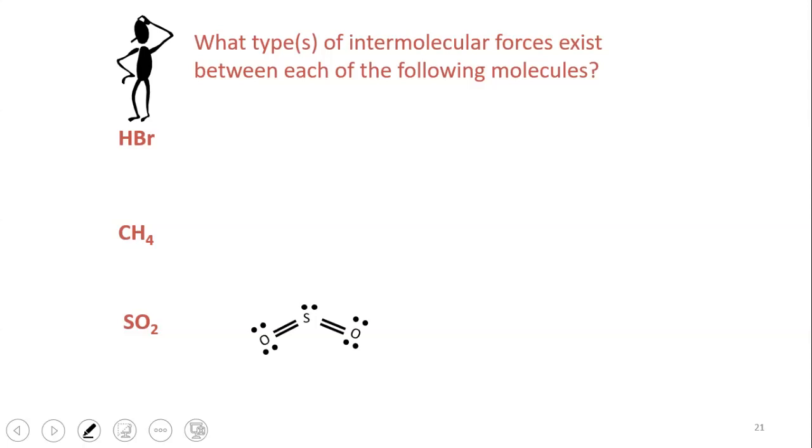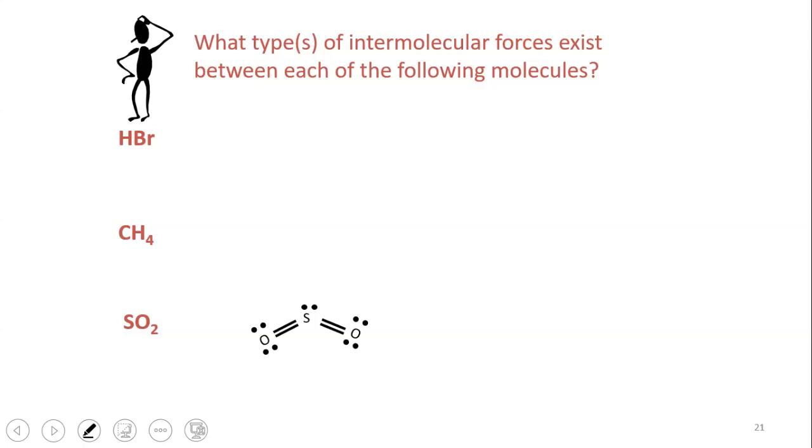All right, so let's think about this. When you look at H and Br, that is a single covalent bond. You have to ask yourself, is it polar or is it non-polar? Well, you have to go back to your periodic table that has those electronegativity values. Bromine is 2.8, hydrogen is 2.1.